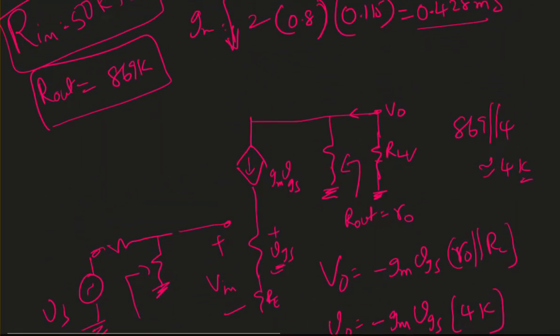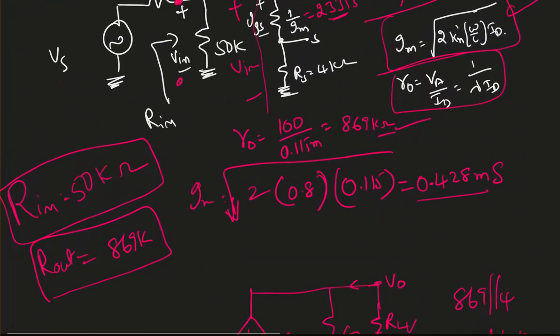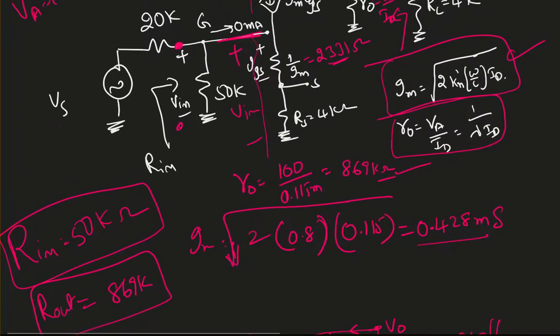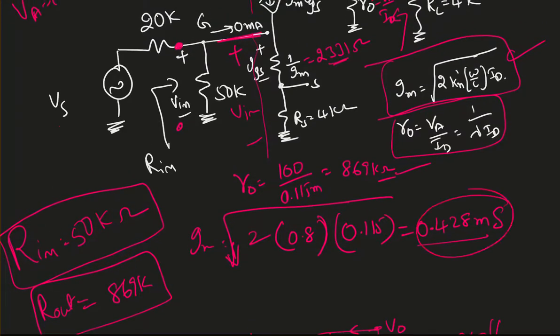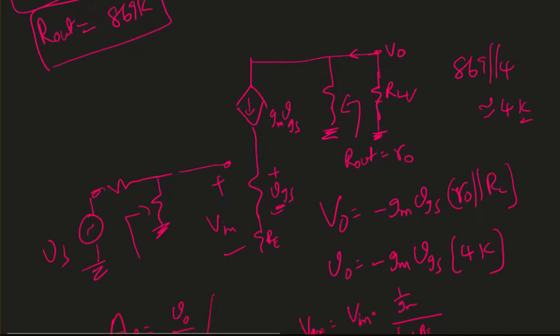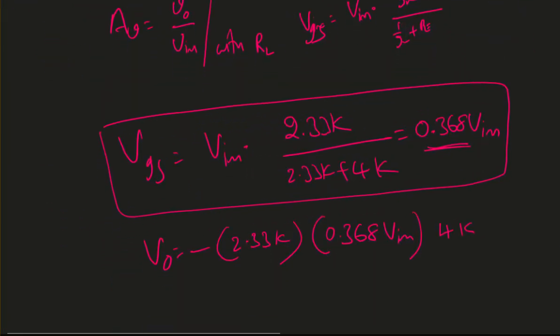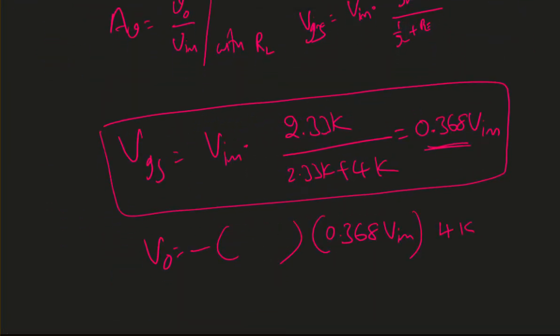We just found the gm value, which is about 0.428 milli. So I have to use 0.428 milli here. Milli and kilo get cancelled out, so we end up with V0 over Vn equal to minus 0.63.